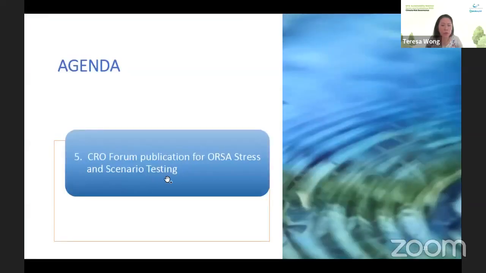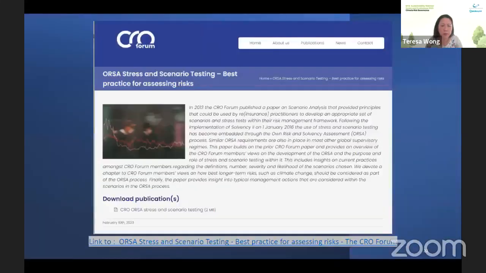Then back to the use cases, right, sorry, there is a CRO forum. There were some aspects that can be captured in a CRO forum, and globally, this forum paper is published, and this was the sharing where you can click on the link and get to the paper itself.